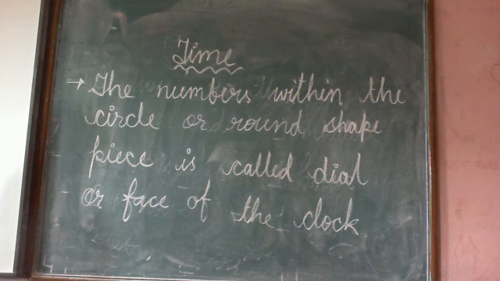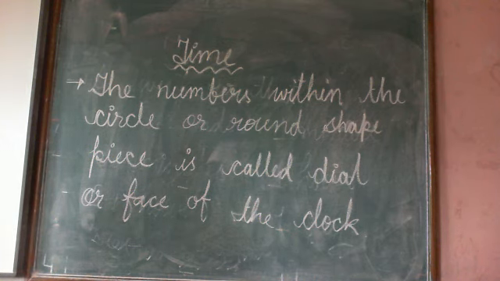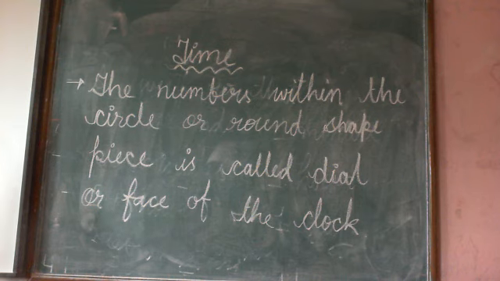So the numbers within the circle or round shaped piece is called the dial or face of the clock. Write down. Do it fast.